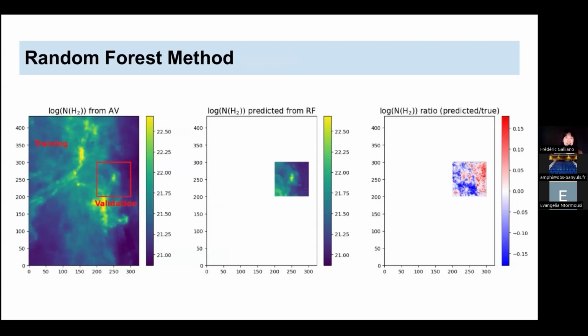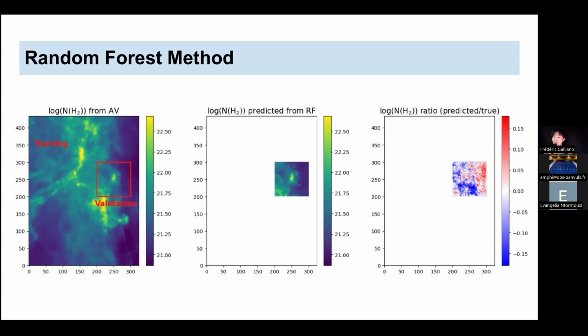Here on the left, you can see that we use the whole image predicted from the dust as the reference, except the red square on the right of it, which is used as validation. We use the random forest to predict, and the result is shown in the middle figure. You can see that just by eye, it is quite consistent with the reference.